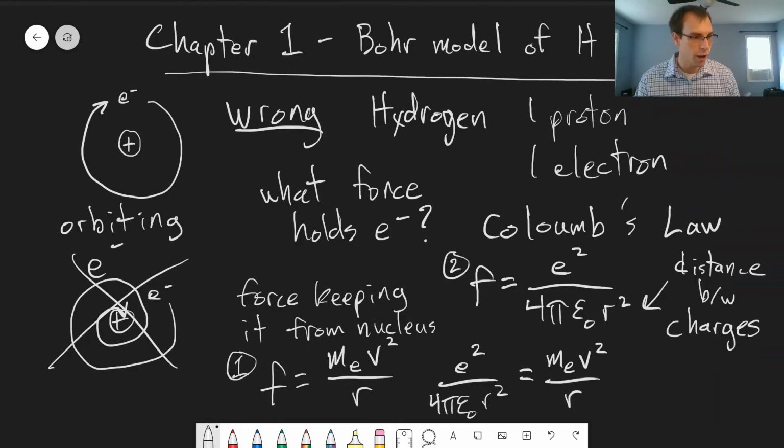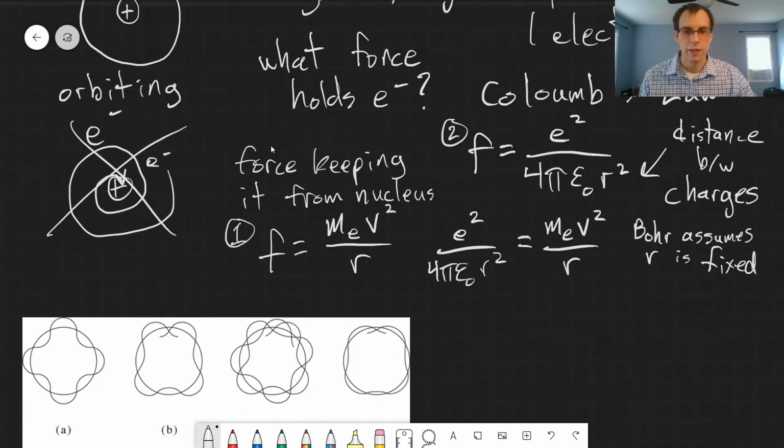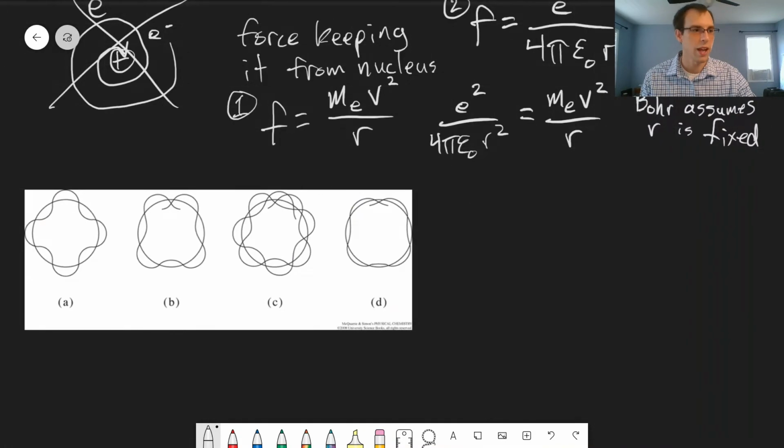m_e v squared over r. Now, there's an implicit assumption here that r is fixed. Bohr assumes r is fixed. And not only that, r has to be fixed such that the electron, assuming de Broglie was right, acts as a wave, and this wave has to fit around a specific orbit around the nucleus.